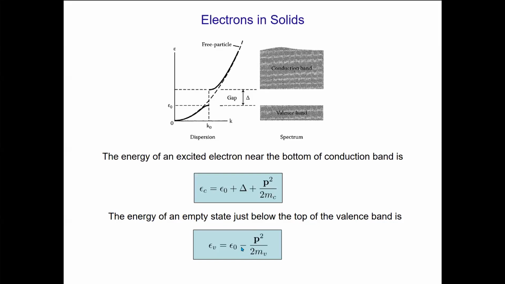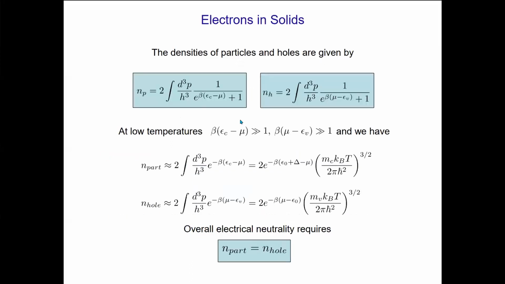And there is a minus sign, so there is a hole with a negative energy, and so effectively it's the mass of the particle below the top of the valence band.